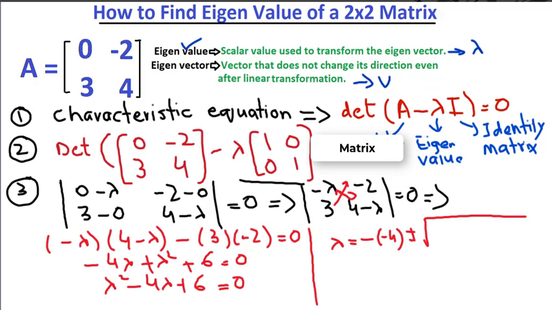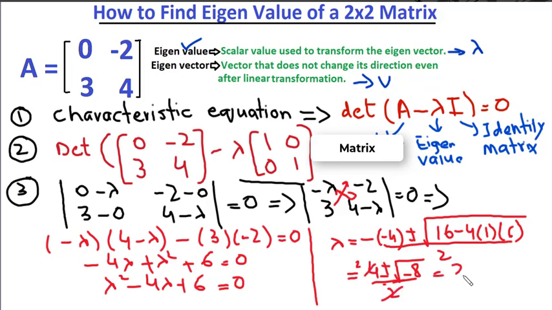Here b is minus 4, so b square will be 16, minus 4ac, where a is 1 and c is 6, divided by 2a, which is 2. So it is 4 plus minus under root 16 minus 24, that is minus 8, divided by 2. The roots will be 2 plus minus under root, or you can simplify it further. Keep in mind, the value of lambda can be real and it can also be a complex number.